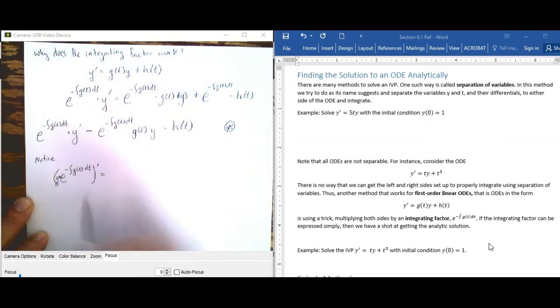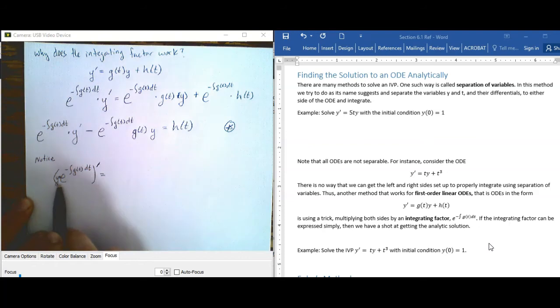What would the derivative of this function be? Y times our integrating factor. Well, this is the derivative with respect to t, we'd have to use the product rule along with a chain rule here, okay?